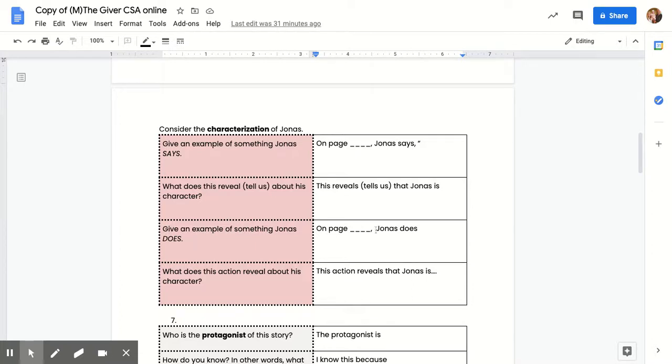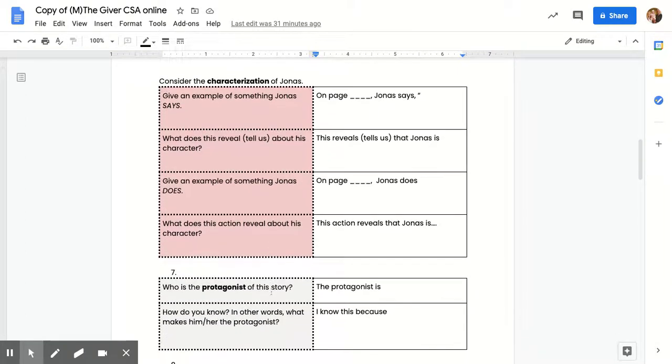On page blank, Jonas does. Provide your answer here. What does this action reveal about his character? This action reveals that Jonas is blank. Provide your answer here. Again, you will need page numbers and direct quotes for this section.